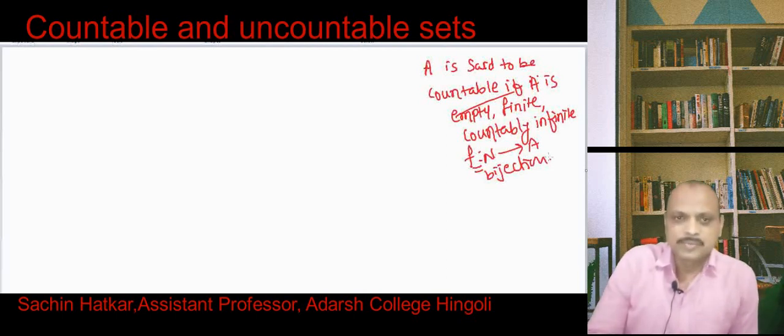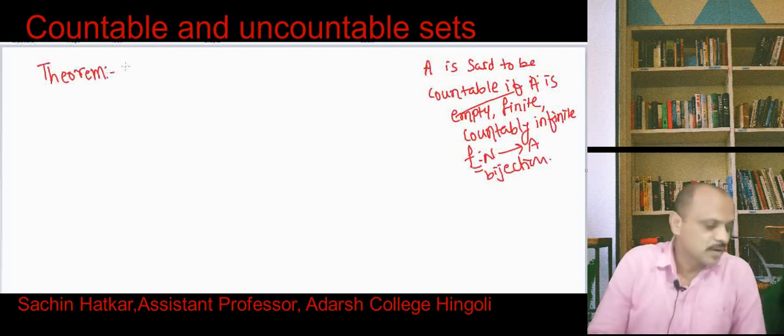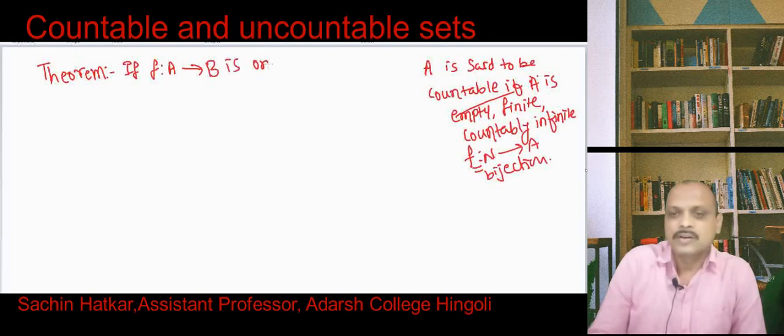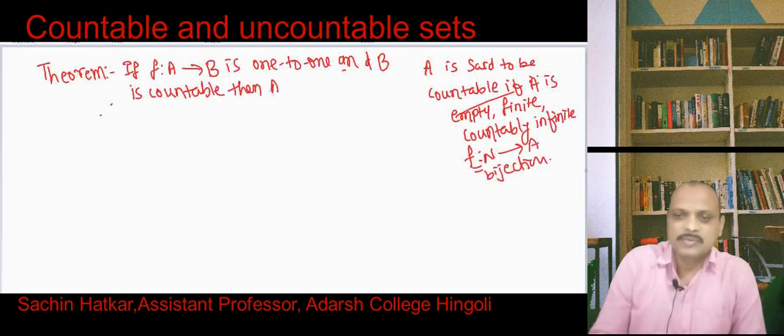Now we prove a theorem on countable sets. Suppose a function f from set A into the set B is 1 to 1 and B is countable, then A is countable.